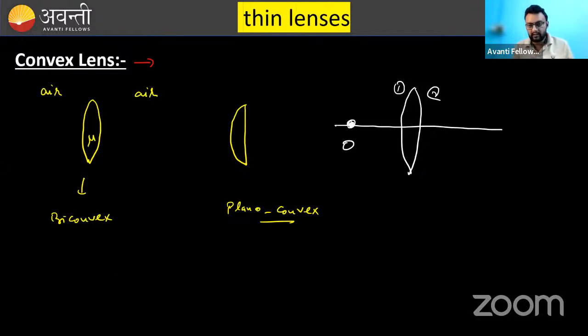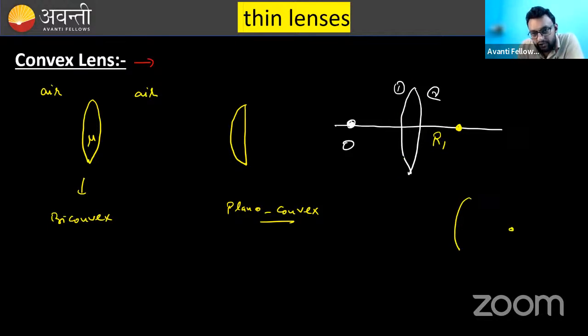Now listen to me again. This surface 1 should have its center here. I think this point is clear. If this is a spherical surface, its center must be here. So this radius is known as R1.